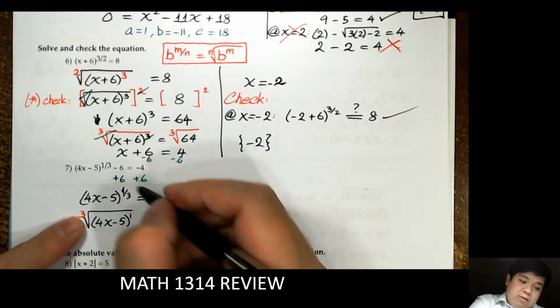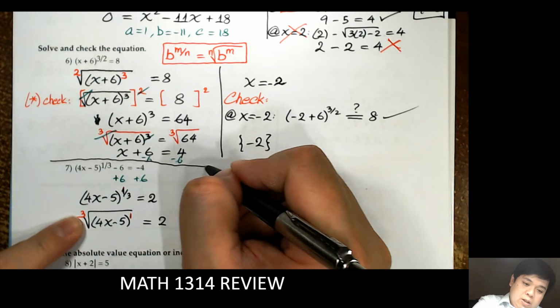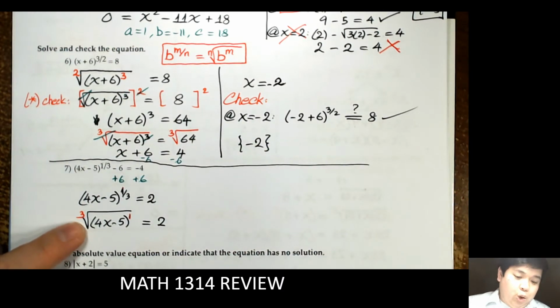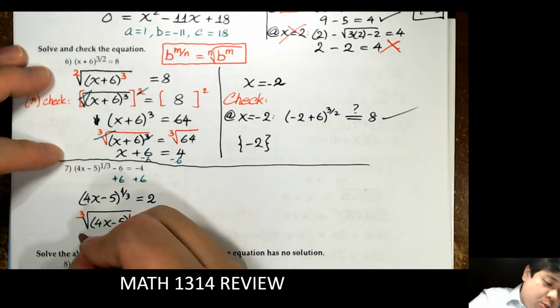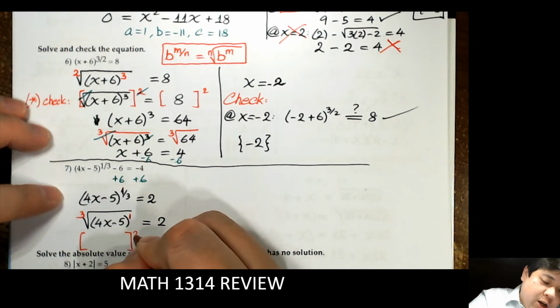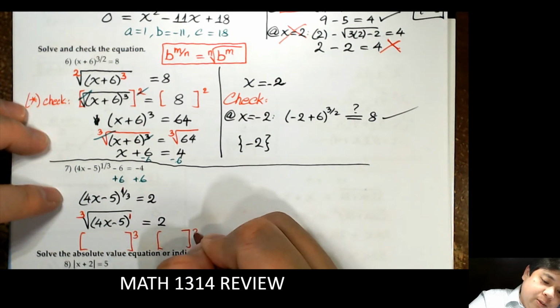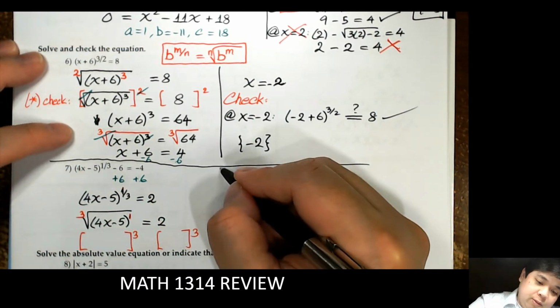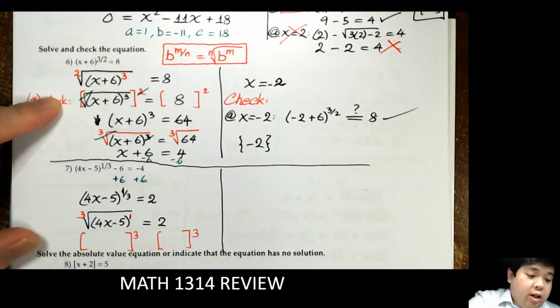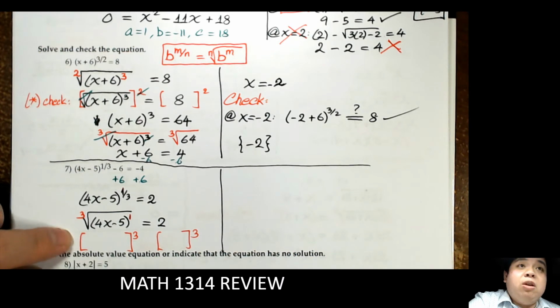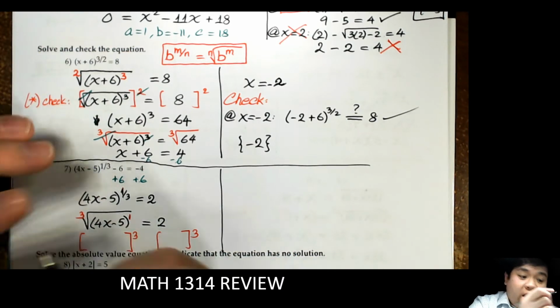And to get rid of the cube root, we will raise both sides to the third power. Unlike the previous one, when we raise both sides to an even power, we need to check. This time it is the third power, so we don't need to check.